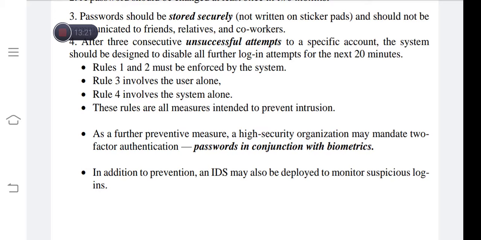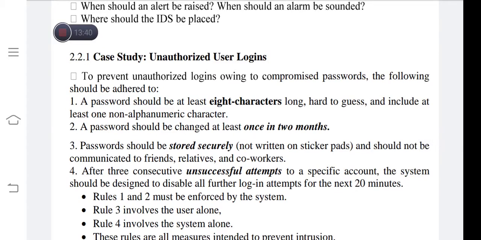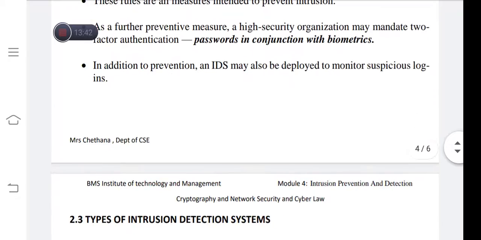So along with that, a password can also be used to prevent unauthorized access. In addition to prevention, an IDS may also be deployed to monitor suspicious logins. So this is the one case study with respect to unauthorized user logins.